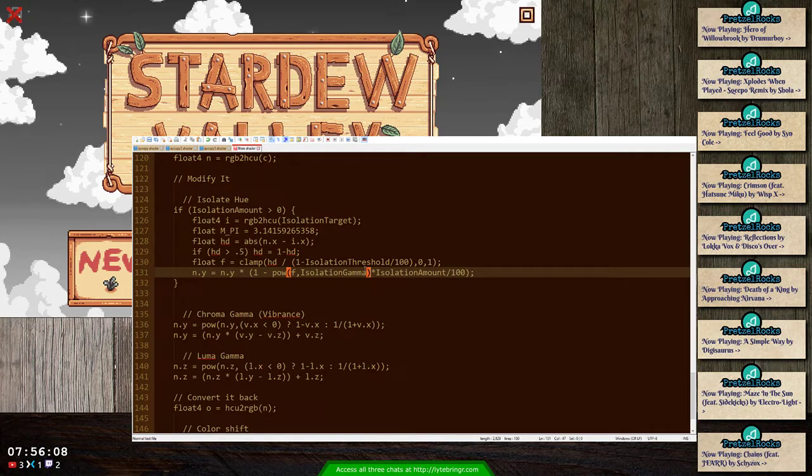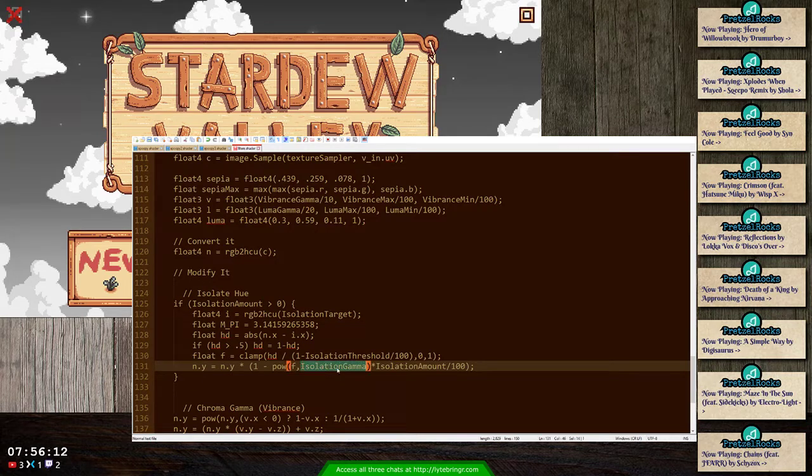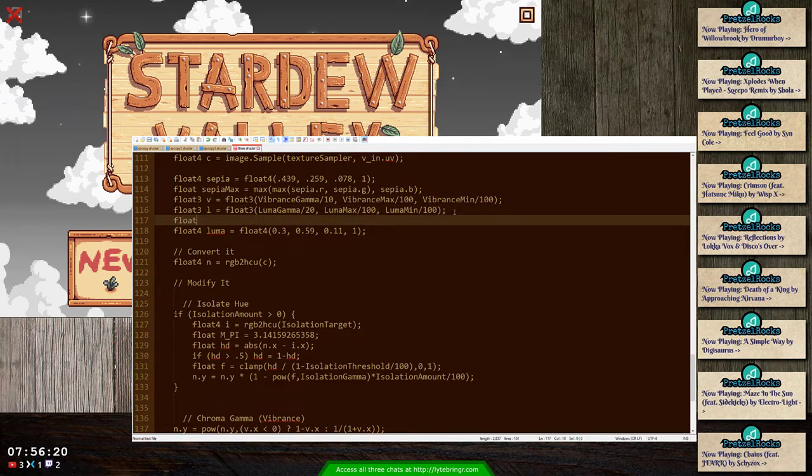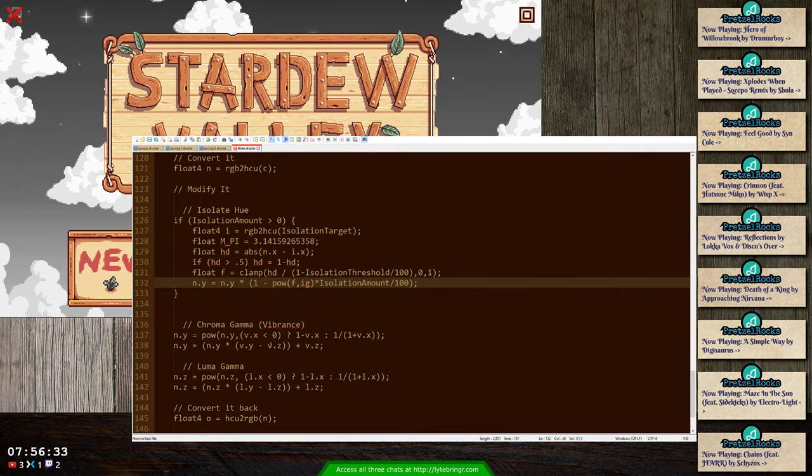But we're going to do to this isolation gamma what we did to the others. Which is this.